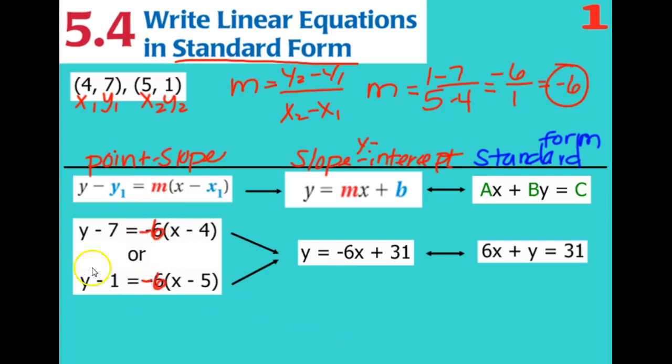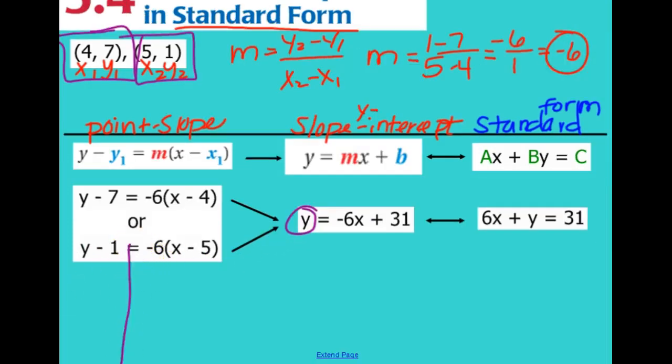Now, the reason why we have 2 equations written in here is because they could have used the first point, using 4 and 7, like this equation, or the second equation using 5 and 1. So they wrote out both. Now, once you have that written down, you could just solve this for y. So if I solve for y, I'm just going to do the bottom equation because there's space to write underneath it.